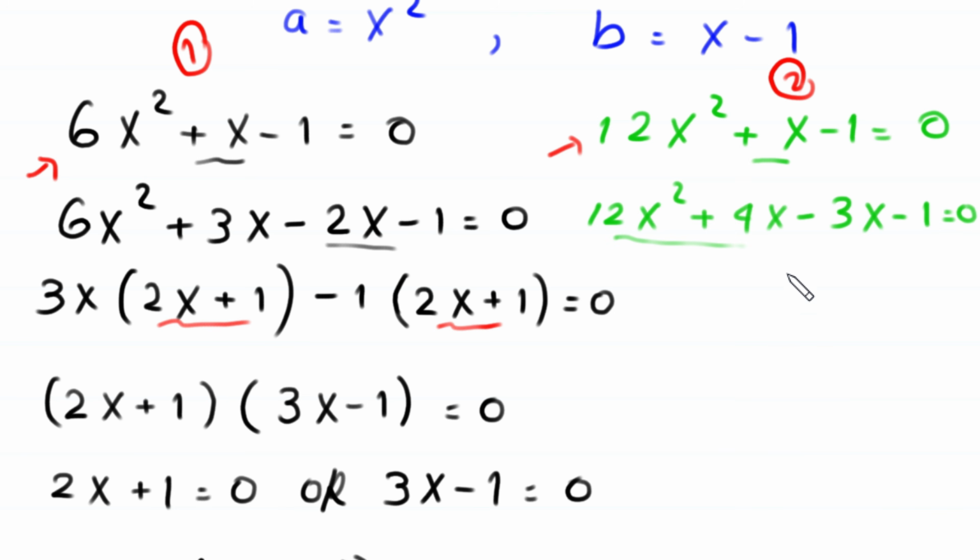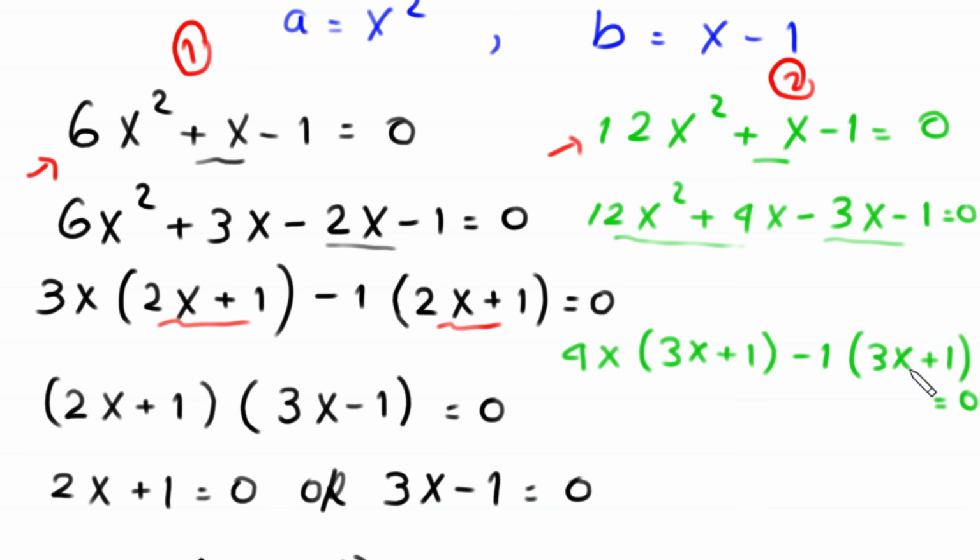From these two terms we can factor out 4 times x, in bracket 3x plus 1, and from these two terms we can factor out negative 1, in bracket 3 times x plus 1 equal to 0. This 3x plus 1 is a common factor, so we factor out this 3 times x plus 1, and in bracket 4 times x minus 1 equal to 0.